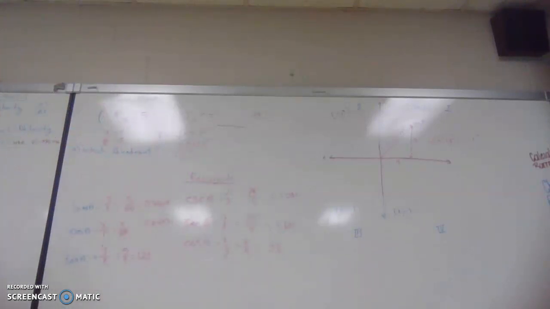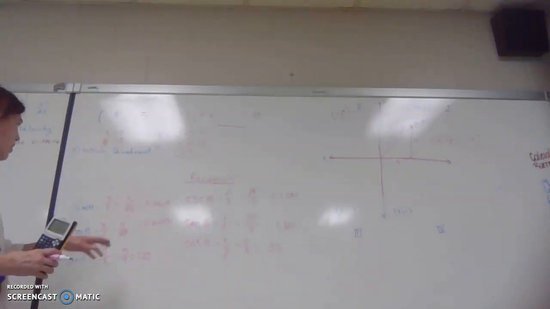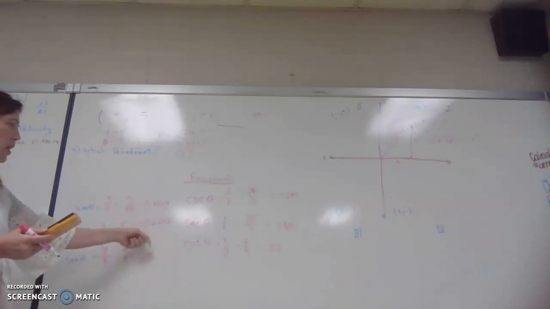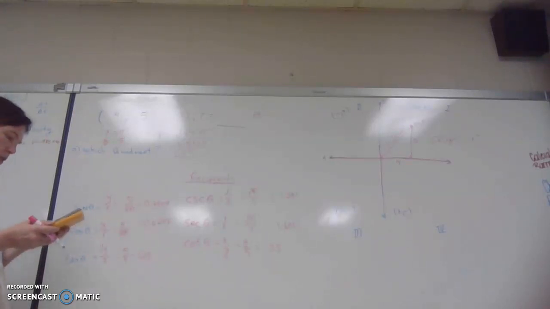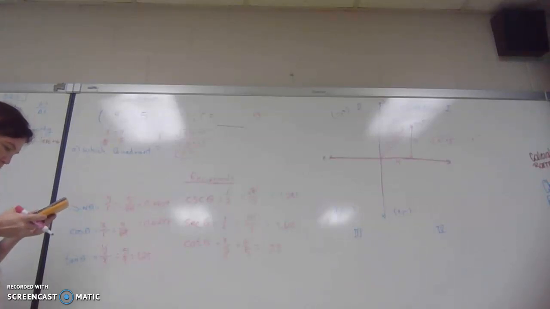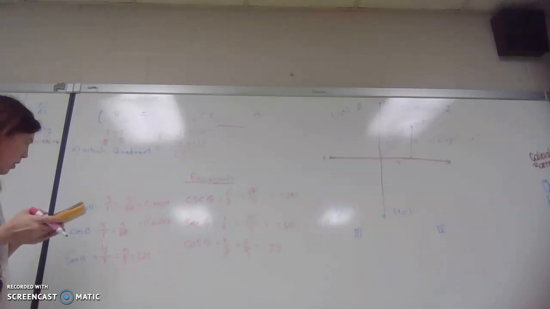So same thing. We can actually take theta, so cosine inverse of 0.6247.